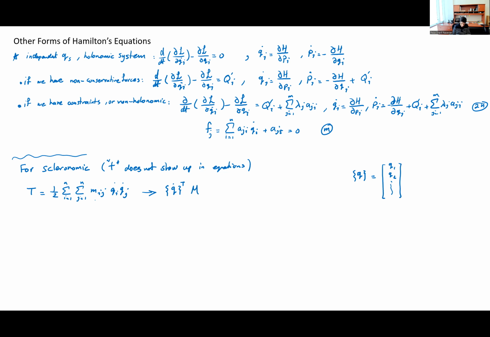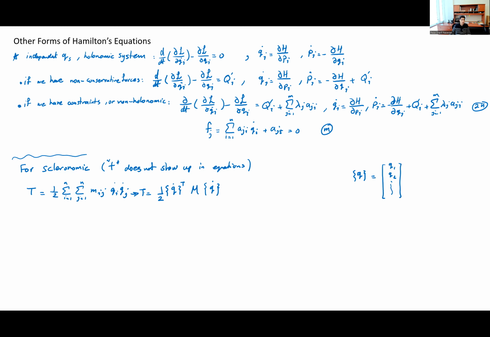M is the mass matrix, which is all these M ij's.